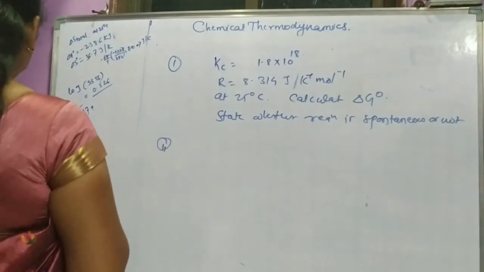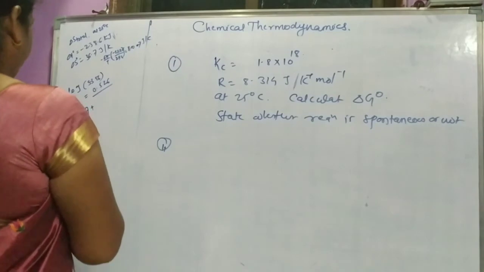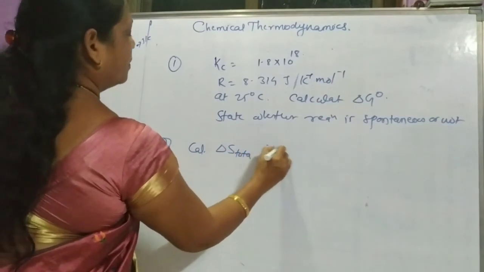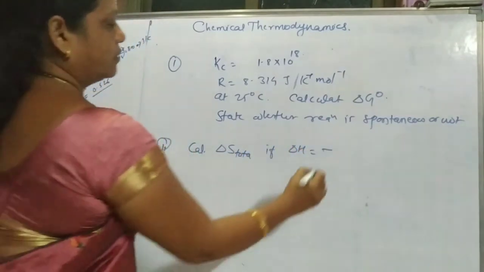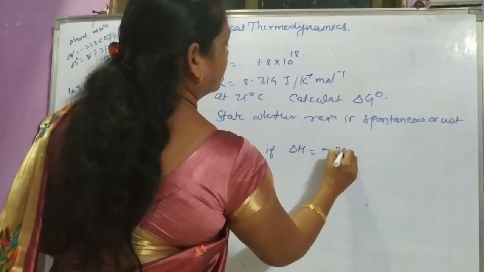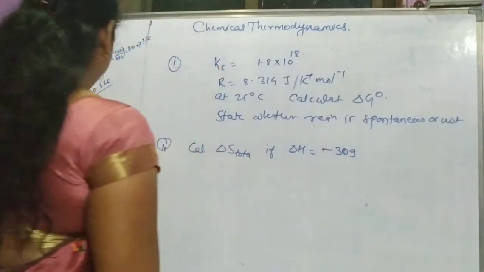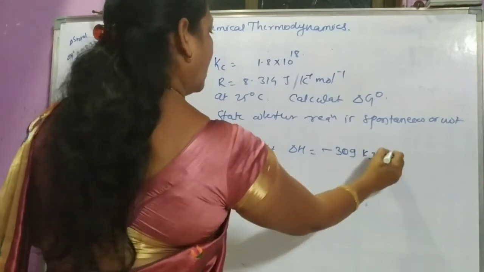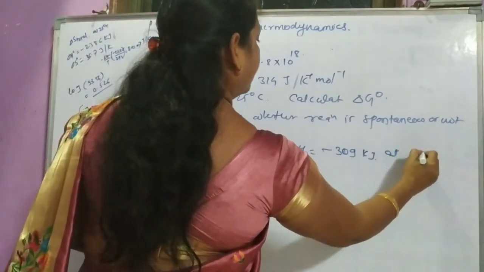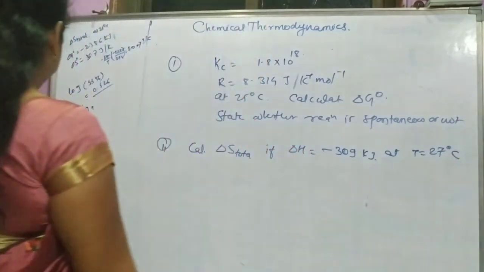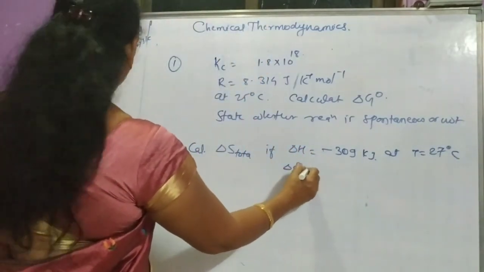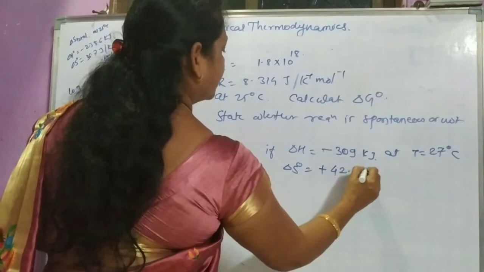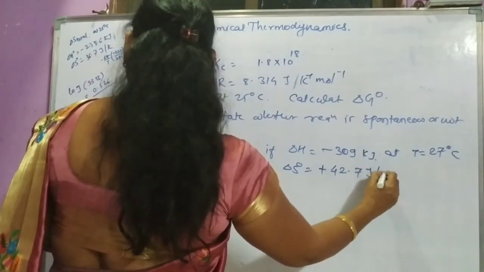Second, calculate del S total if del H is equal to minus 309 kilojoule at temperature 27 degrees Celsius, and del S0 is equal to plus 42.7 joule per Kelvin.